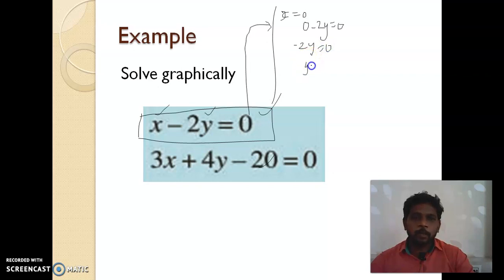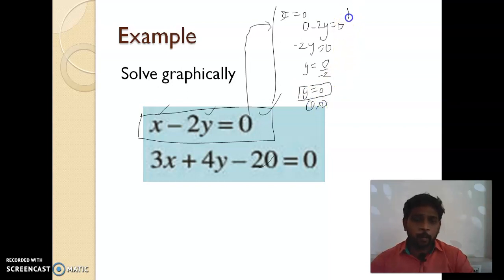That is y equal to 0 divided by minus 2. So y equal to 0 divided by any other number is equal to 0, right? So the first point is nothing but (0, 0).